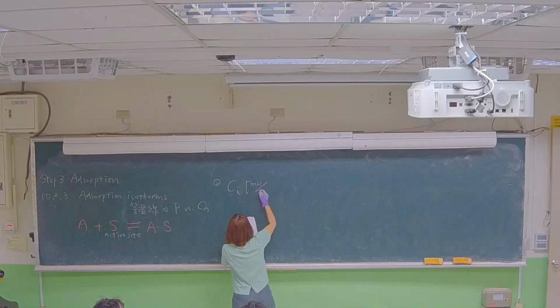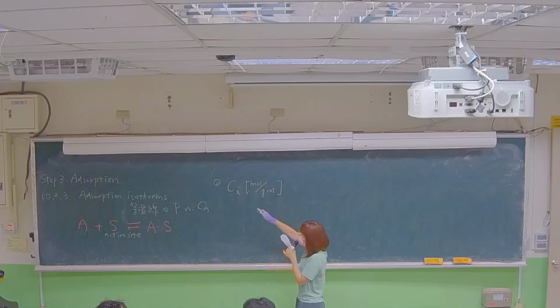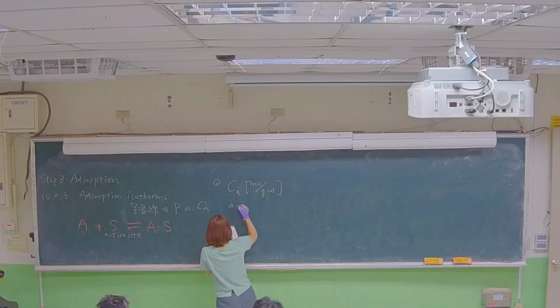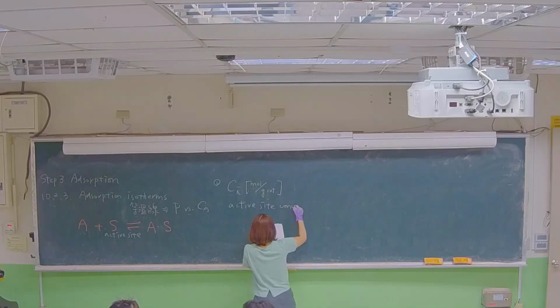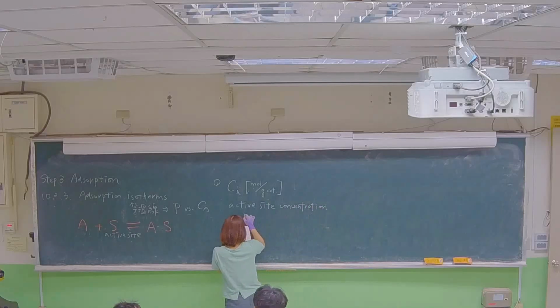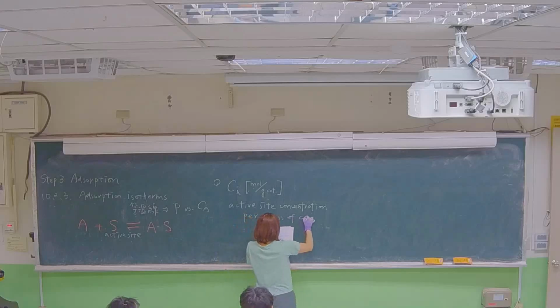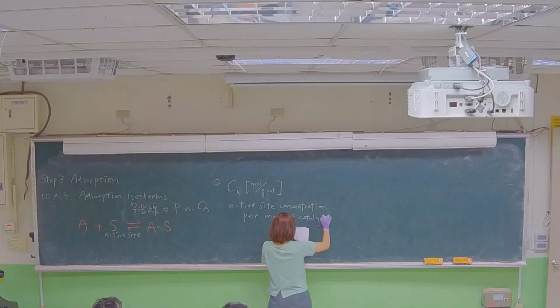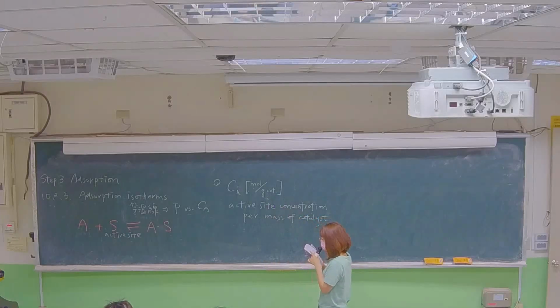It is better for you to understand the definition. So CI, the unit is mole per gram catalyst. So it is the active site concentration per unit mass of catalyst. So actually here we use mole per gram catalyst. This is the first definition.